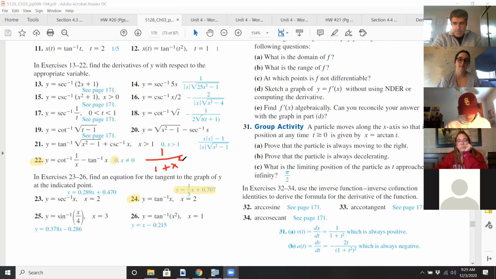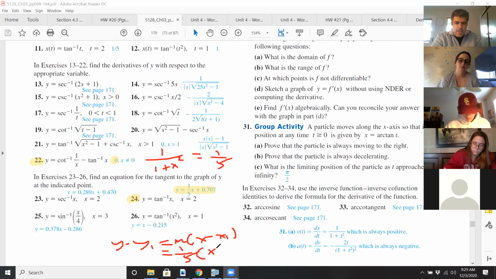You're evaluating at 2, so you get 1/5 as your slope. That's easy. And then you know that's y minus y1 equals m times x minus x1. So you have 1/5 times x minus 2. And then you have to evaluate the inverse tan of 2 using your calculator. So you plug 2 into the original, get that, and then they decide to put it in slope-intercept.